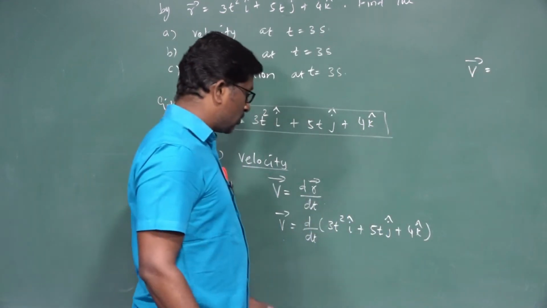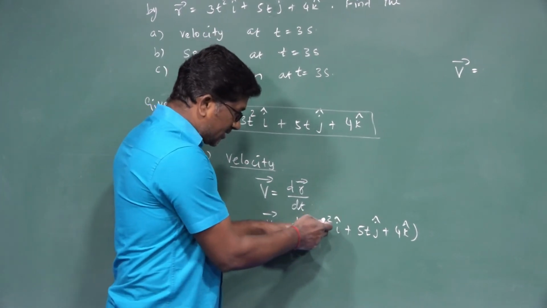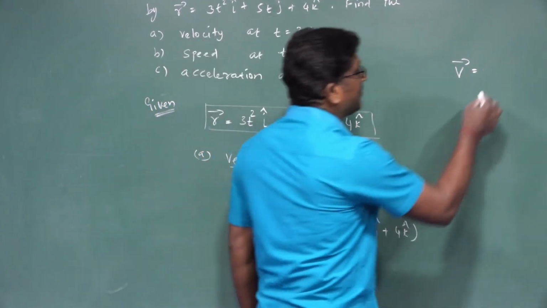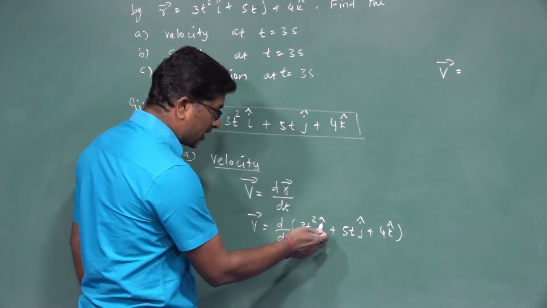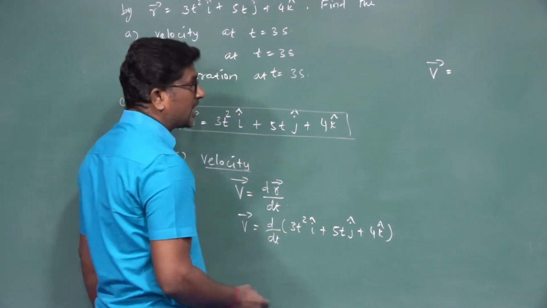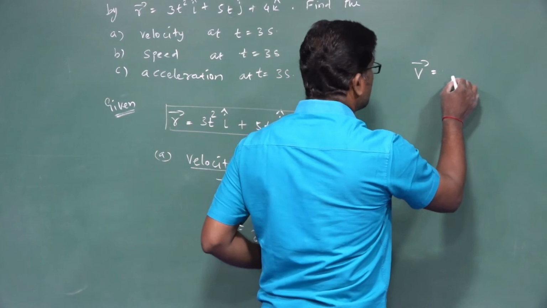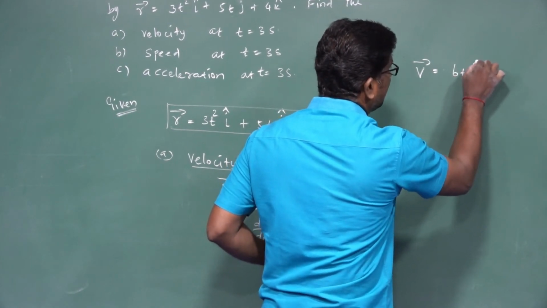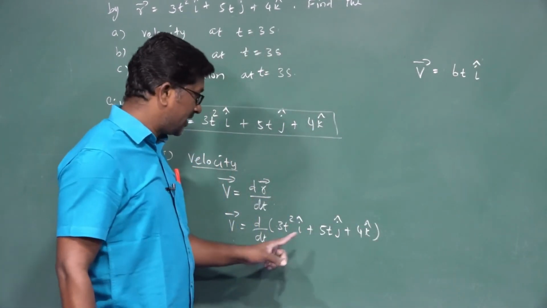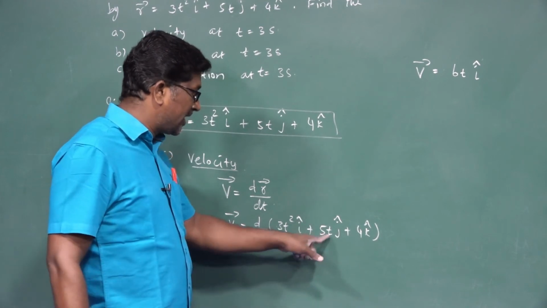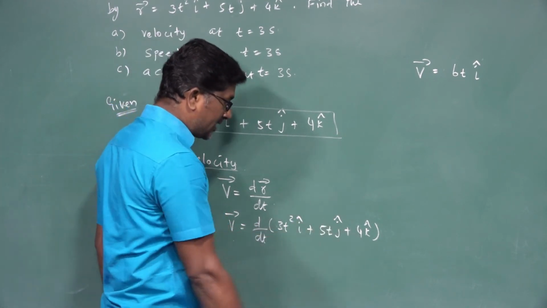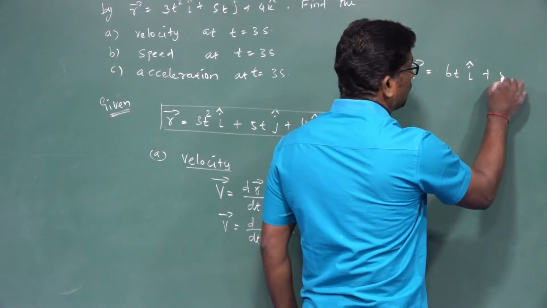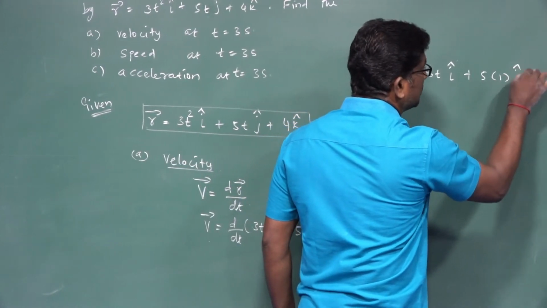v vector is equal to 6t i cap, right? First differentiate 3t square i cap with respect to time. 3 times 2 is 6, so 6t i cap. Next, differentiating 5t j cap, we get 5 into 1 into j cap.